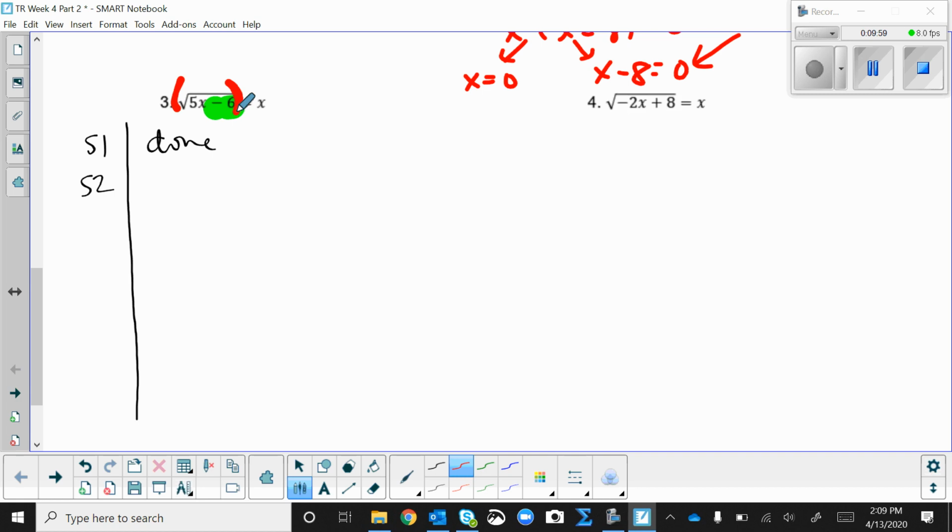Oh, I got the wrong pen, sorry. User error. That's never happened before. Okay. So squared both of those sides. The left side, the radical cancels, leaving me just the radicand, which is 5x minus 6. And on the right, I have x squared.